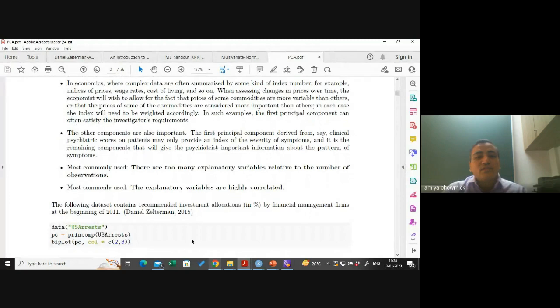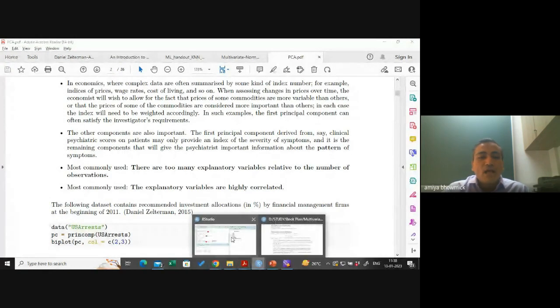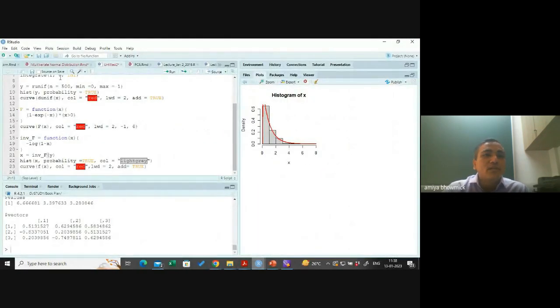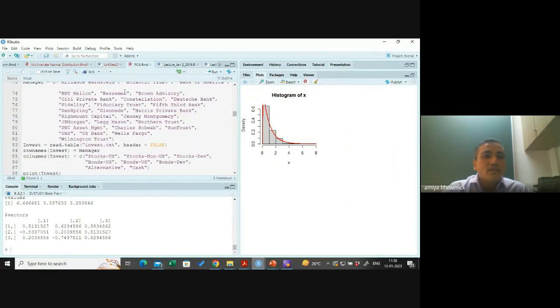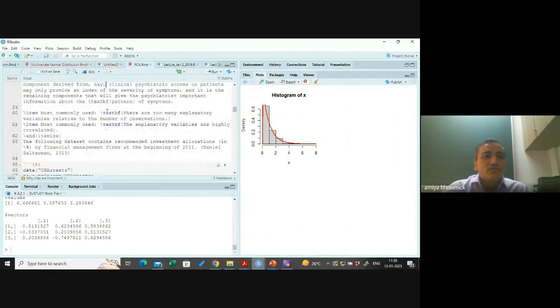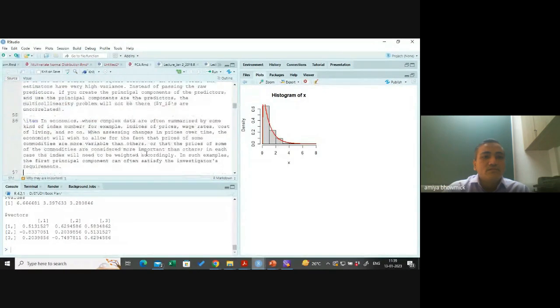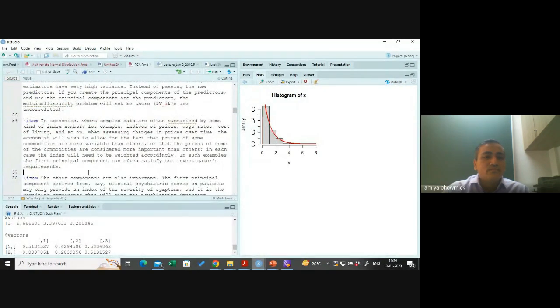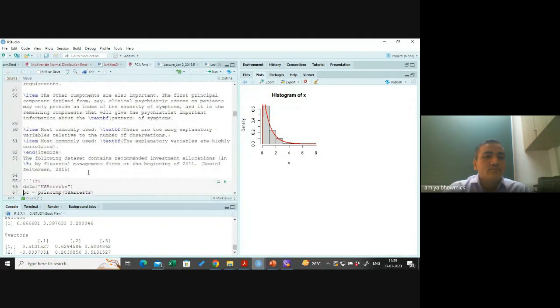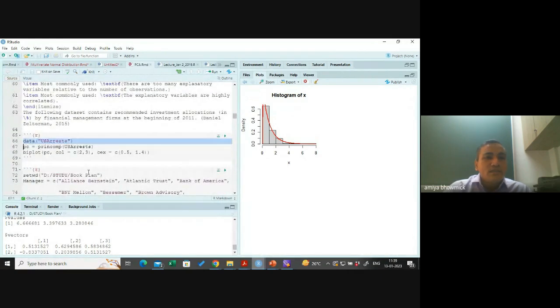So this is something. Let us go back to R. If you want, you can write this down also. I think this is a data which you'll very commonly be finding.